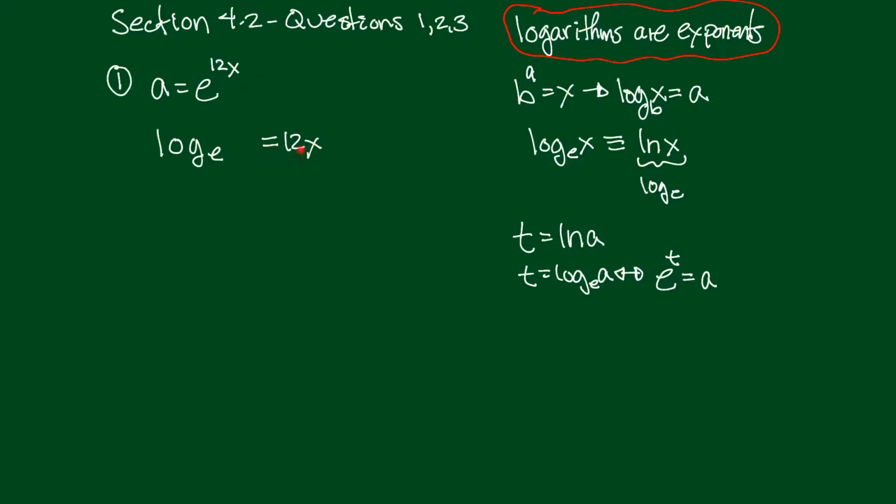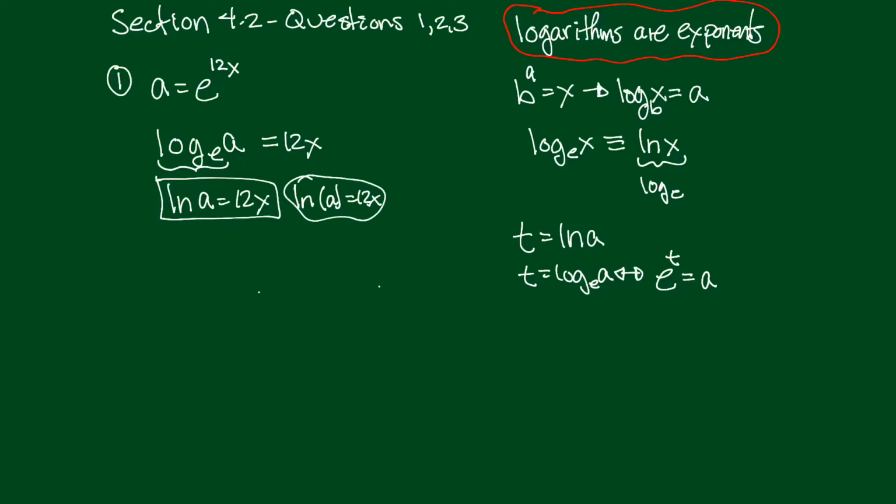The logarithm is the exponent. And what's left here is the a. So the a goes right in there. And because I've got the log base e, I'm going to rewrite it as ln a equals 12x. Or if you like to make it even more clear, you could put parentheses around that a. Either one of those is going to work.